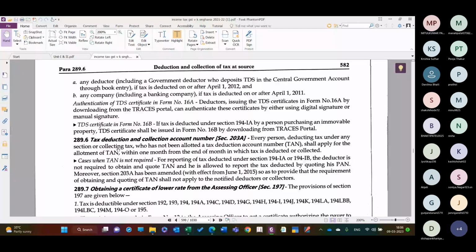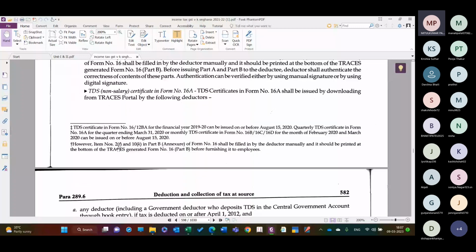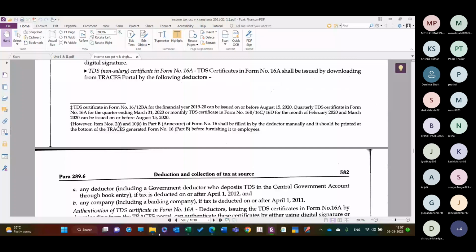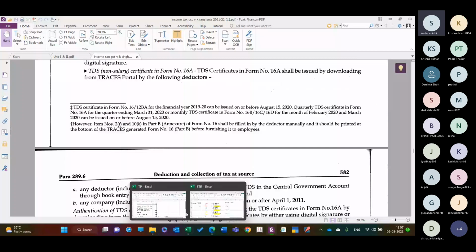So as the income tax provisions are applicable to the deductor or the person who is making the payment, but the person who is receiving the income is not liable to pay the tax on it, because his income is not liable to tax, in that circumstance he can use form number 15G, 15H. That's, I think, what we were discussing in the last lecture. Am I right? Yes, sir.